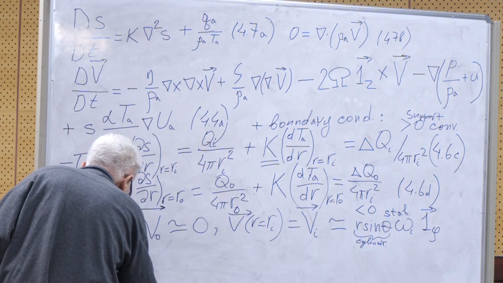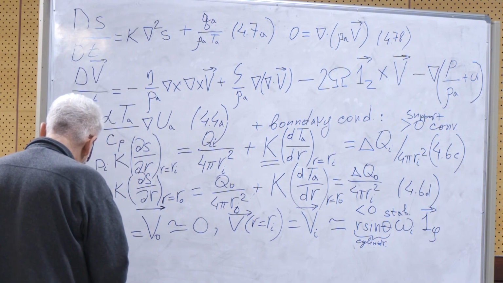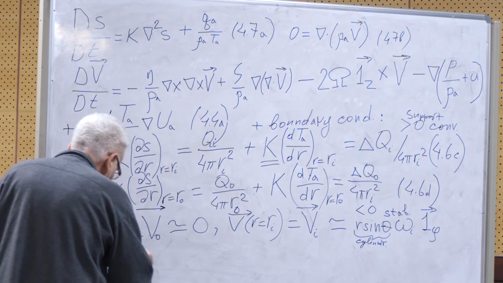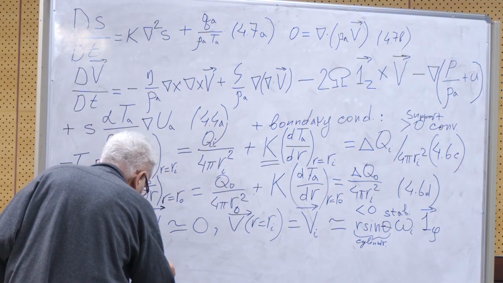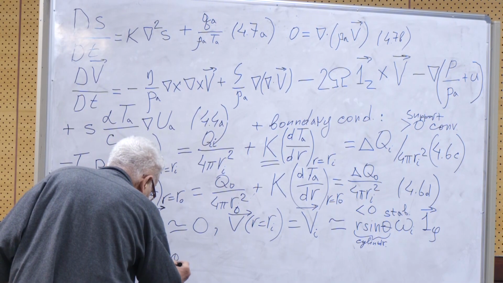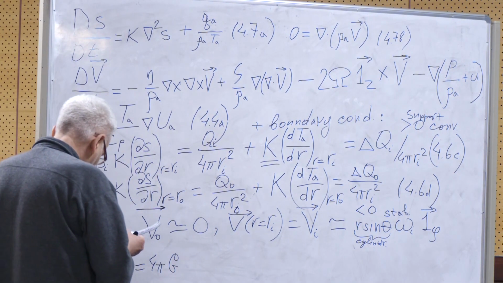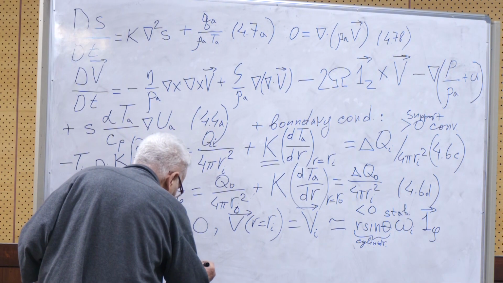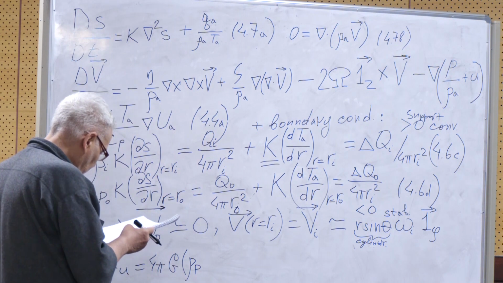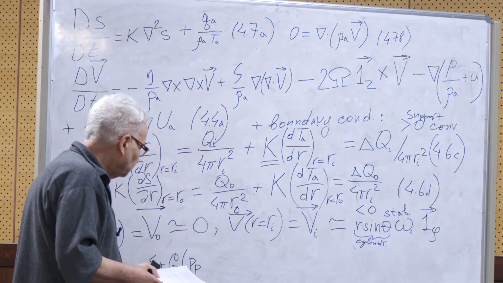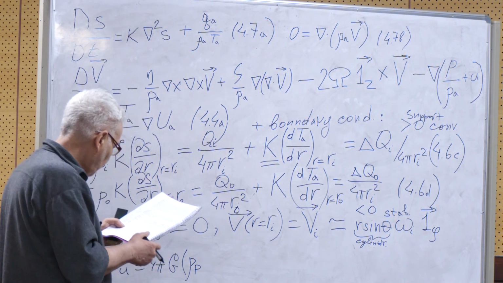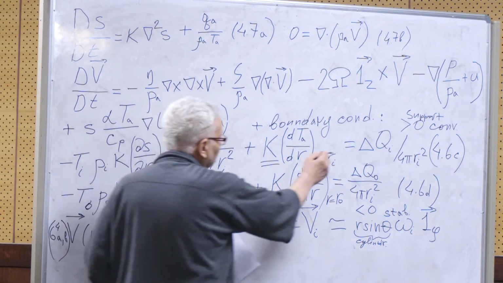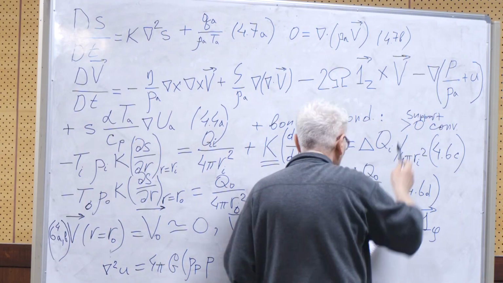It's just the Laplacian of gravity equal 4 pi G. Here we have rho p, known in thermodynamics, it is the density under constant pressure. And then we have this p, exactly this p which appears here.